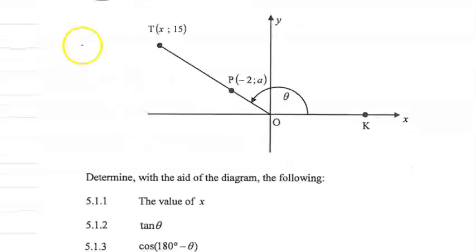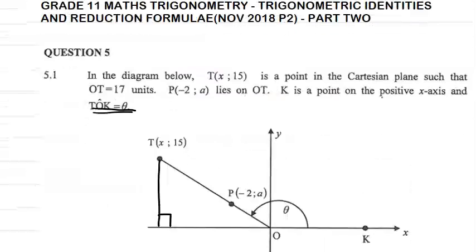Now the important thing for us to take note of here is that when the diagram is given, then we need to drop down a perpendicular to the x-axis and complete that particular triangle. Sometimes they may just give us a particular condition, for example, that theta lies between 0 and 180 degrees, and maybe they'll tell us sine is positive, or maybe they'll tell us cos is negative.